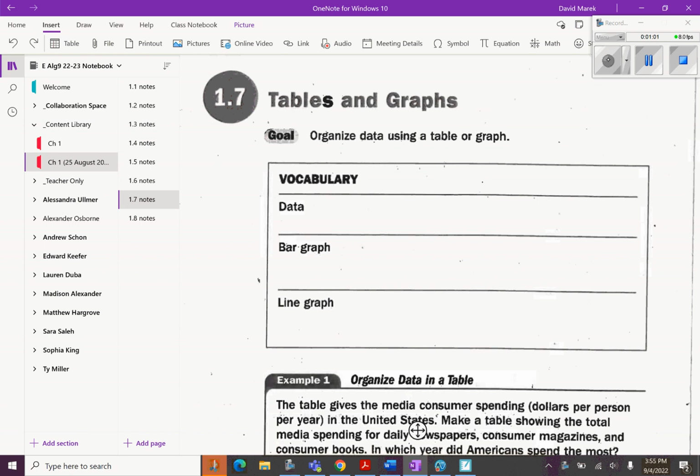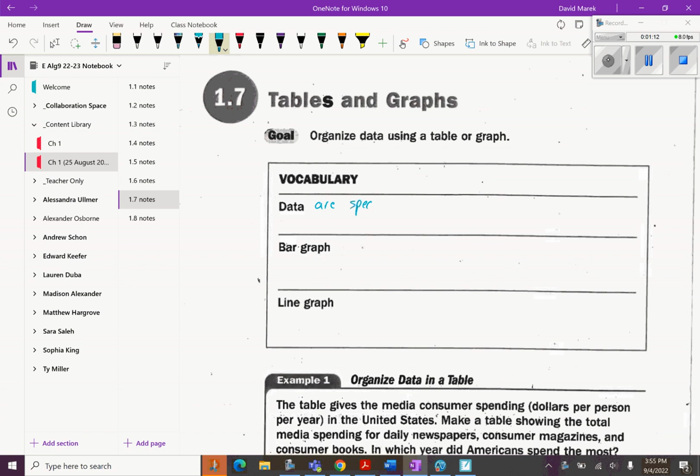Okay. So, yeah, the first one here may take you by surprise. Data are specific pieces of information collected from an interesting group.